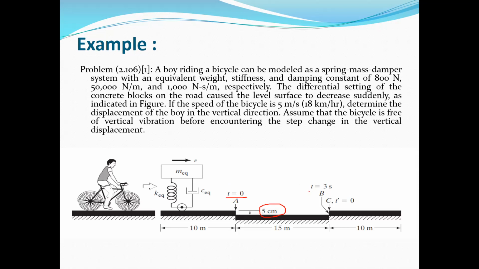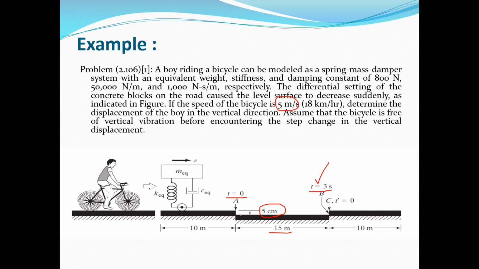And after 3 seconds, because this length is 15 meter and the bicycle speed is 5 meter per second, the system will arrive at point C. So at t equal to 3 seconds, the bicycle will arrive at this point, B or C. And again, we will have another change in the level of the surface.